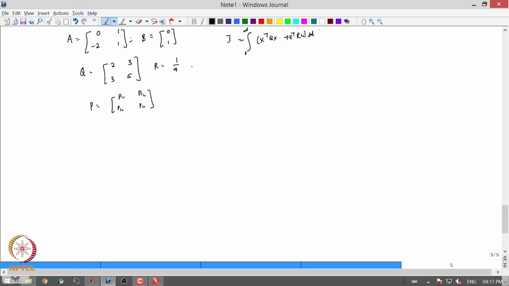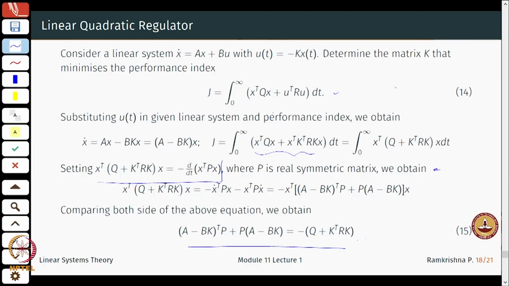Now, the optimal control law in terms of elements of P, that is P 11, P 12, P 22.